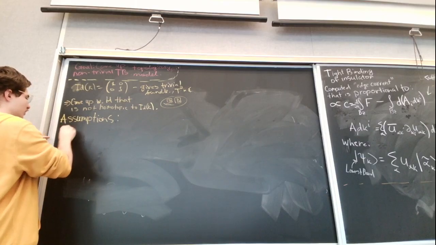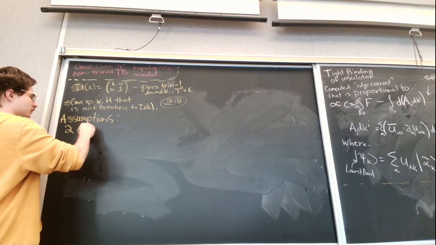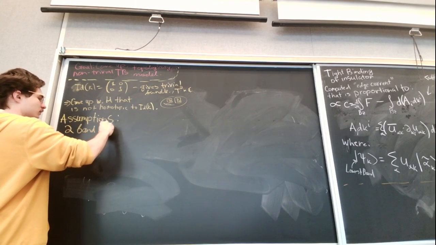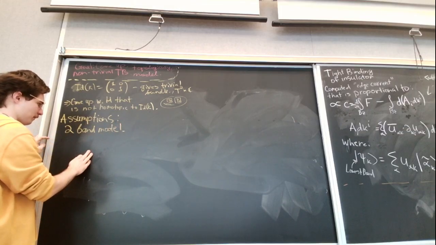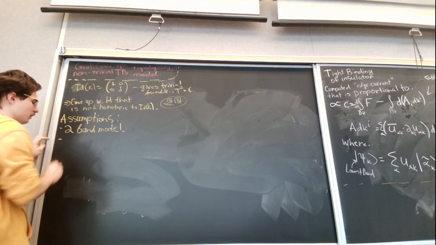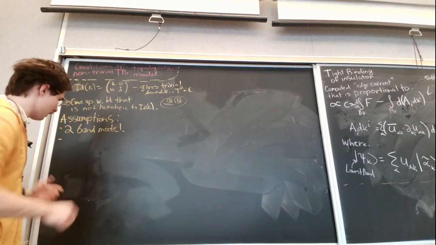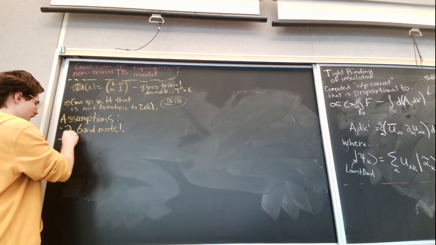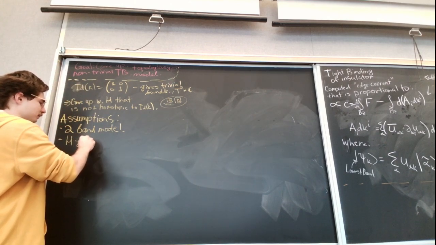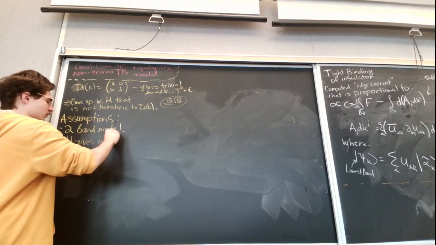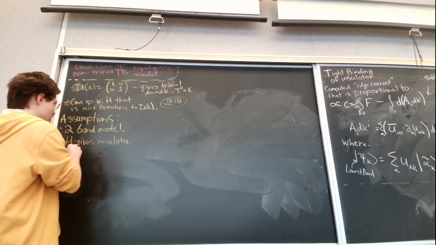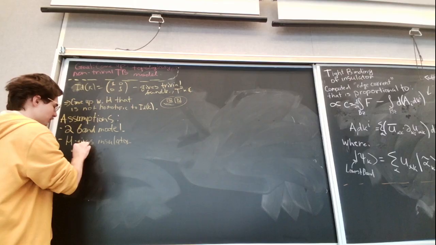We're going to look at a two-band model, and we're going to assume that our Hamiltonian is of course an insulator. So H gives an insulator. So homotopy has to preserve the gap.